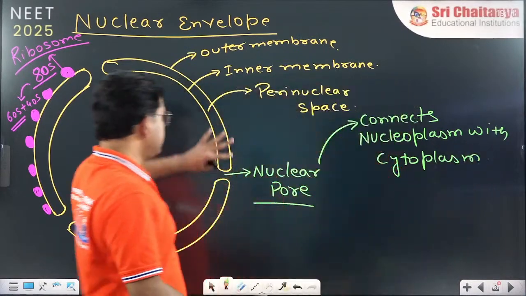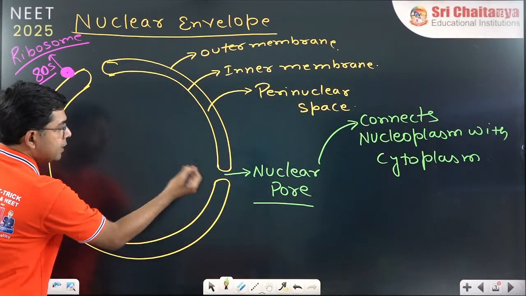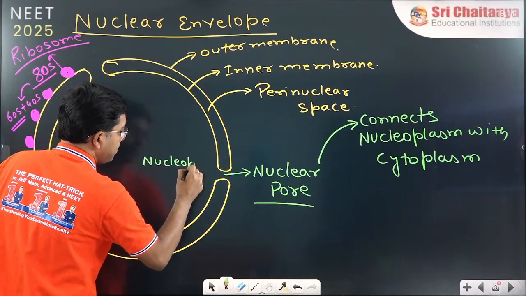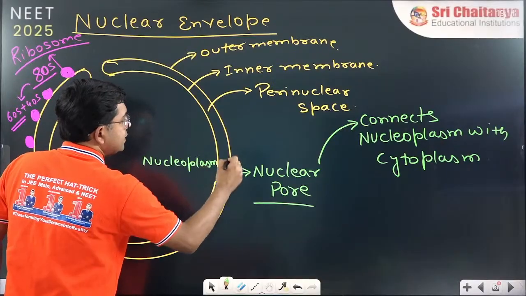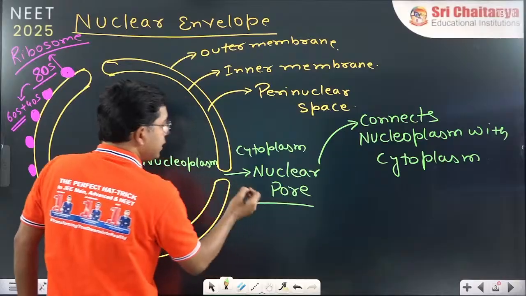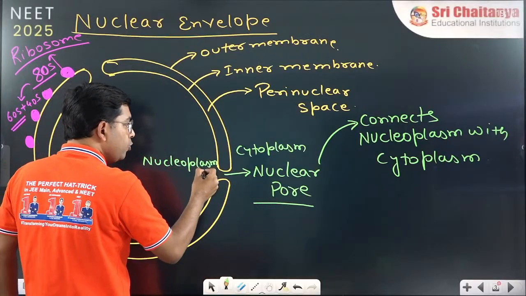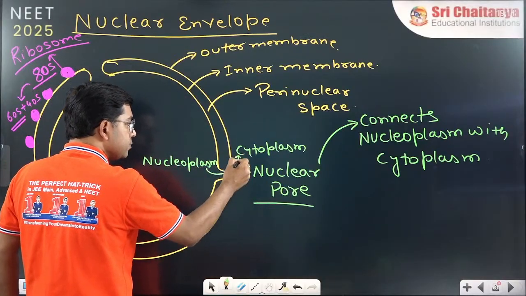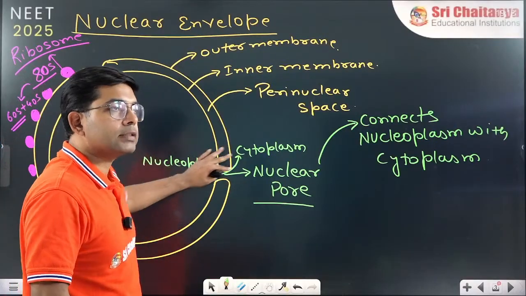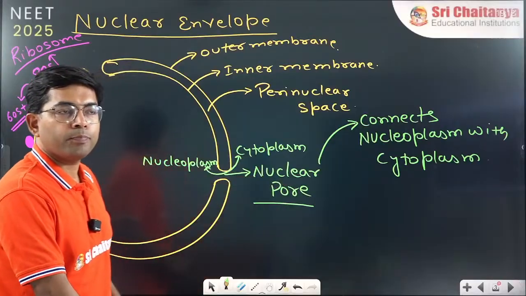See, this is the nucleus. Inside is what? This side is nucleoplasm. And this side is what? Cytoplasm. So isn't nuclear pore connecting the nucleoplasm with cytoplasm? Right? So nuclear pore connects nucleoplasm with cytoplasm.